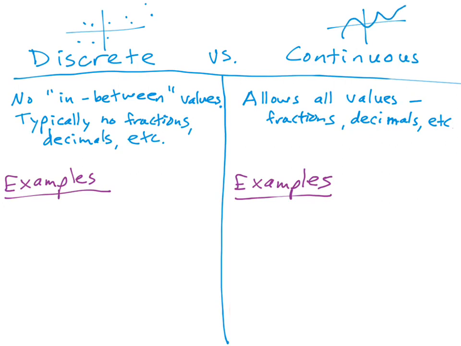So an example of some discrete data from real life would be something like the number of people in a room. Even if someone's missing limbs and stuff, we still count them as a person because we're not heartless. You can count how many socks people have.